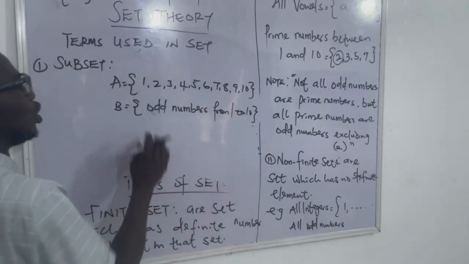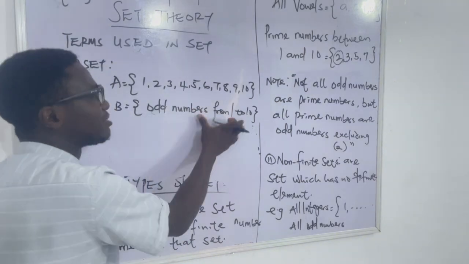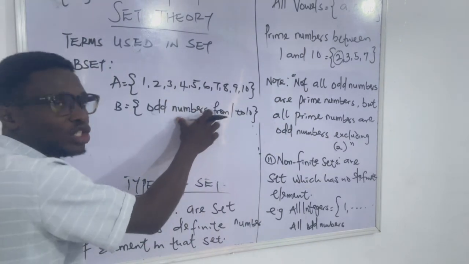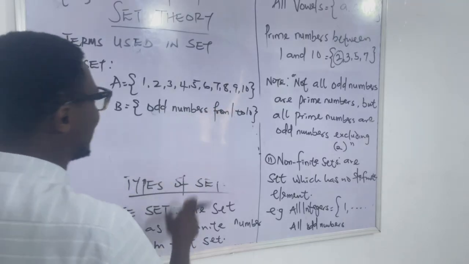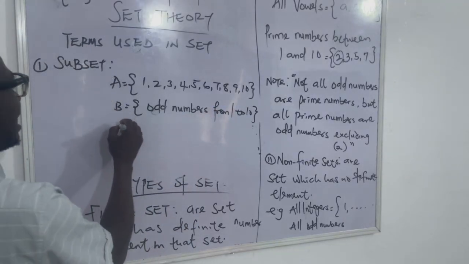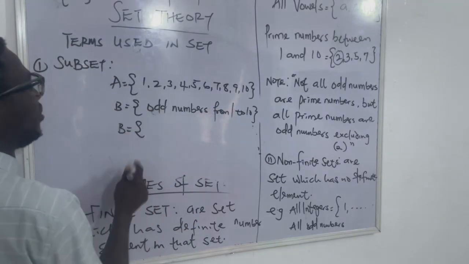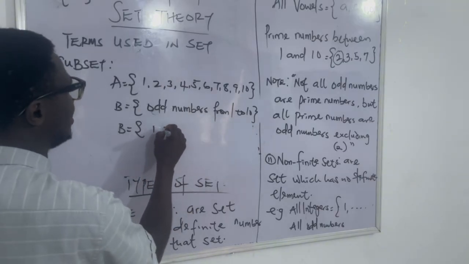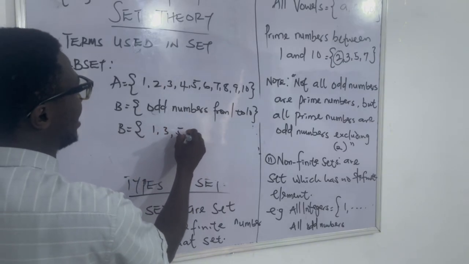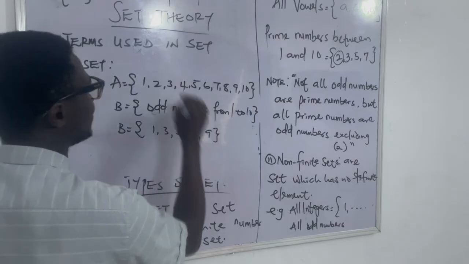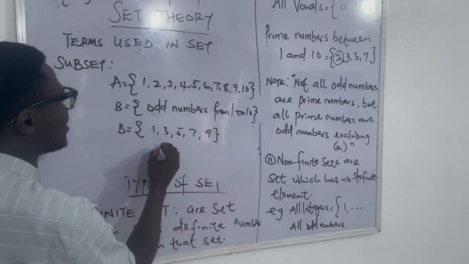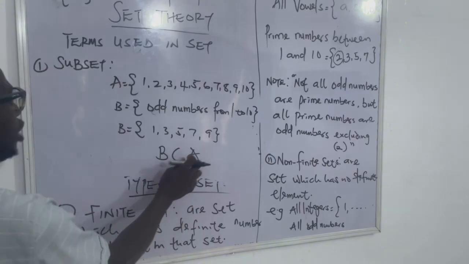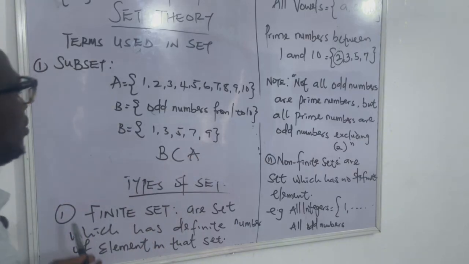We'll still explain this with set builders and set notation. So now you have the liberty to write out the odd numbers: 1, 3, 5, 7, 9. Now we can say B is a subset of A. Are we together?